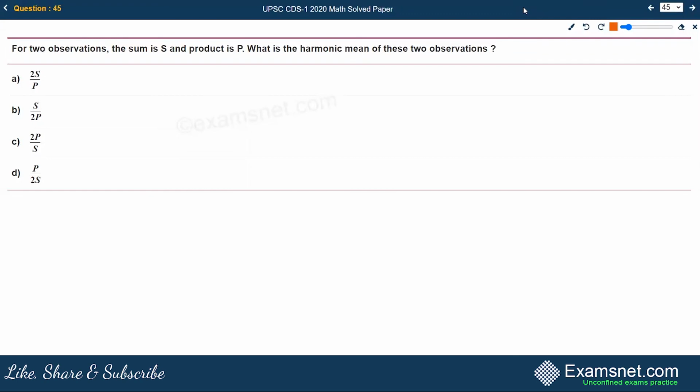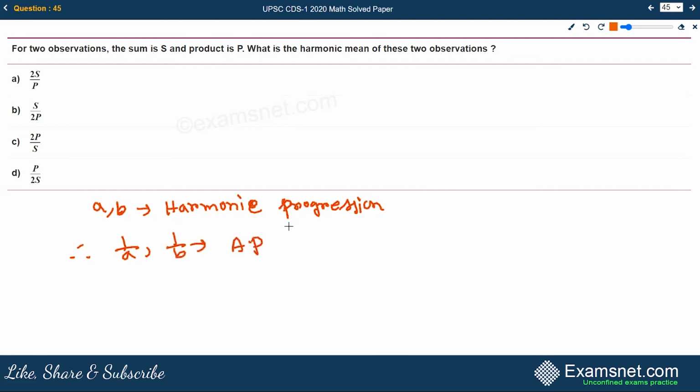In question number 45, it is given that for two observations, the sum is S and the product is P. What is the harmonic mean of these two observations? Now, let's first talk about what harmonic mean is. Let's say if A and B are in harmonic progression, then 1 by A and 1 by B are in AP, that is arithmetic progression.